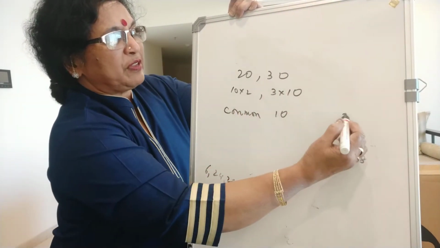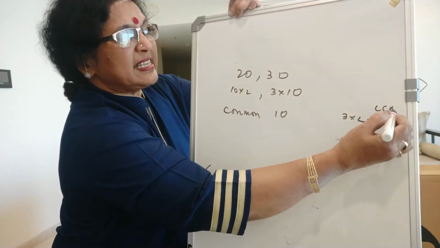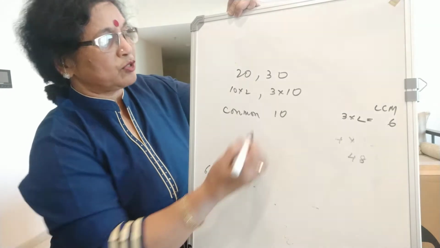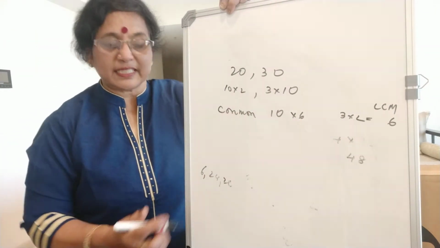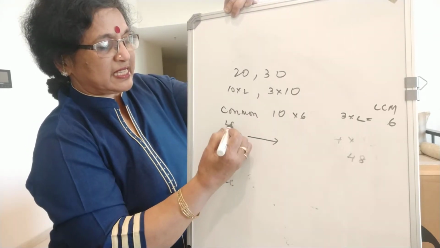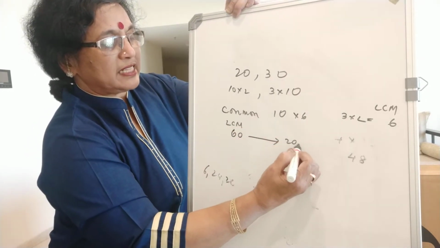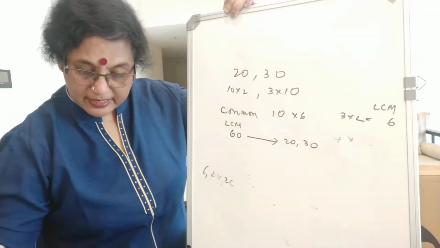And then you are left with 3 and 2. The LCM of 3 and 2 is 6. So that is 60. So 60 is the LCM of 20 and 30. Right? So this is another example.